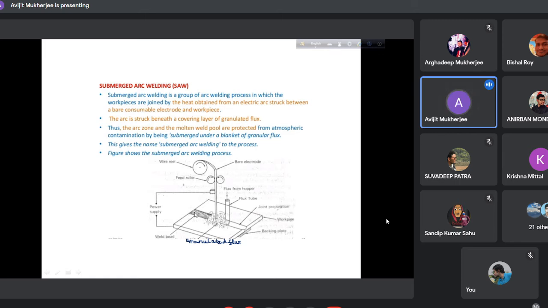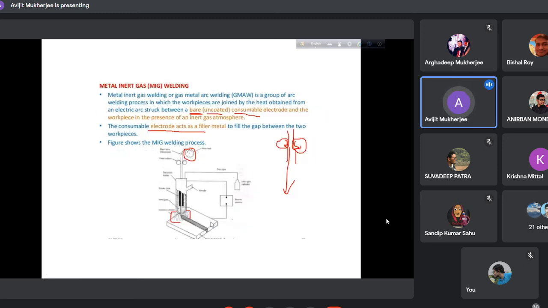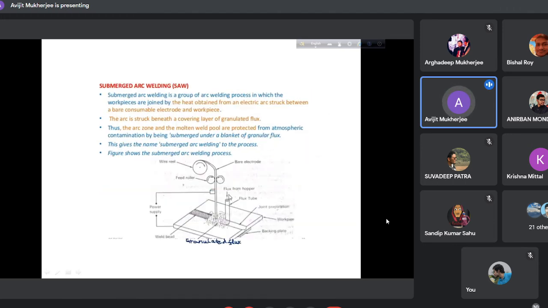So the total weld area where the arcing is taking place is not visible from outside. But in MIG welding or TIG welding, you can observe what is going on, because there is a clear gaseous envelope. But instead of a gaseous envelope, here some flux material is provided by the hopper.